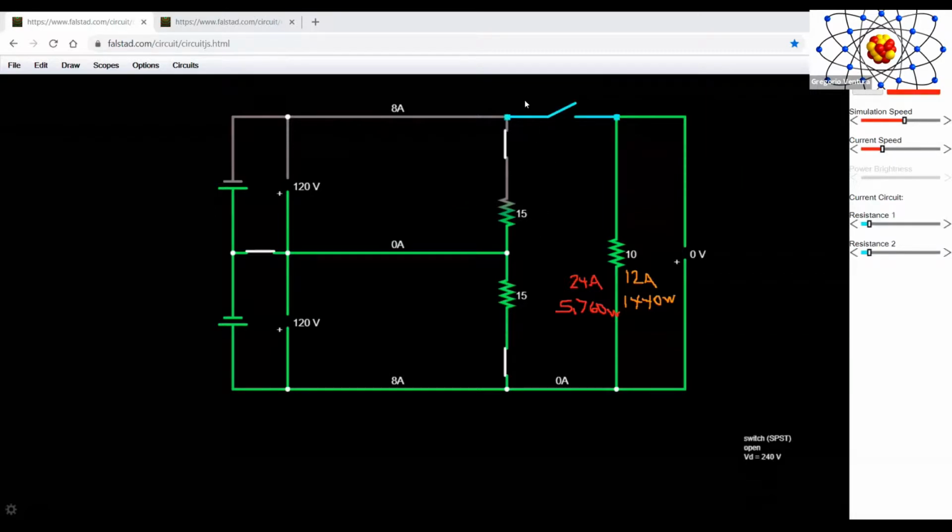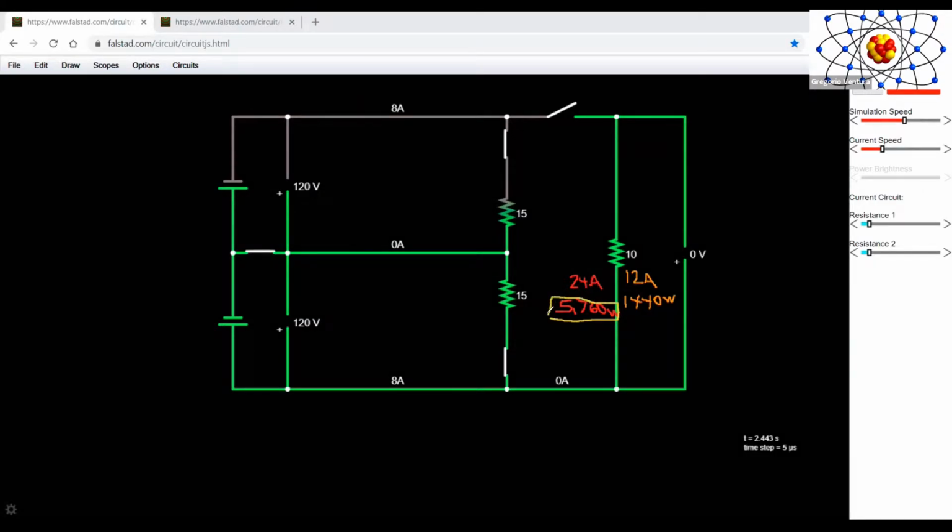On the flip side, if I wanted to have this amount of wattage from the circuit, and I am going to use only 120 volts, how many amps would that require? Then I would take my 5,760 watts divided by 120 volts, and that would require 48 amps in the circuit.